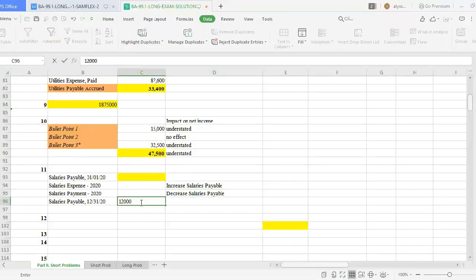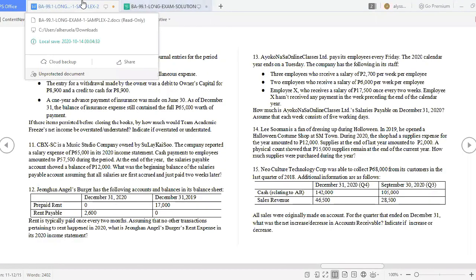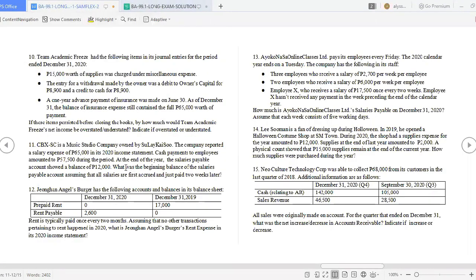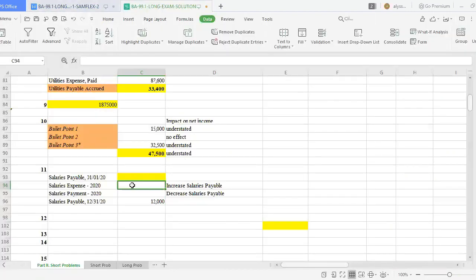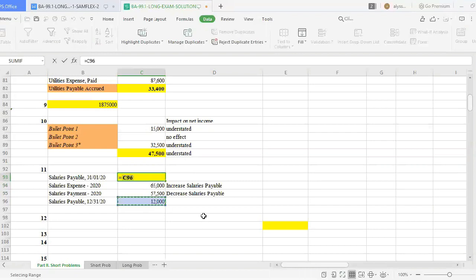The end of the year it's 12,000. Salaries expense 65,000 and payment 57,500. So to get the salaries beginning, we just squeeze it. Get it? We reverse salaries payable. Since this salaries payment is a decrease, you add it. Then you subtract salaries expense. You get the salaries payable beginning balance of 4,500.